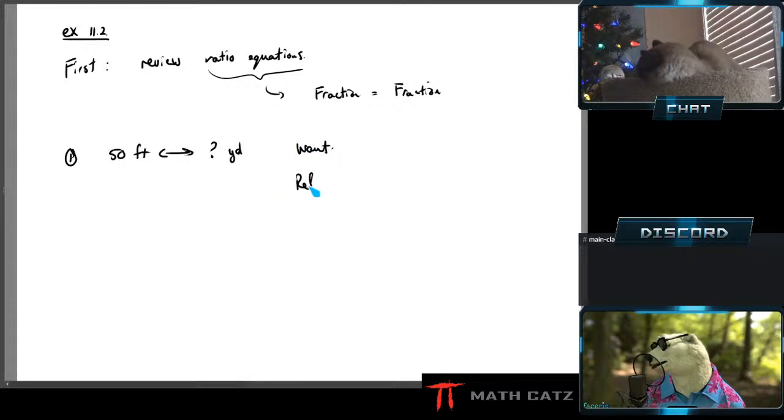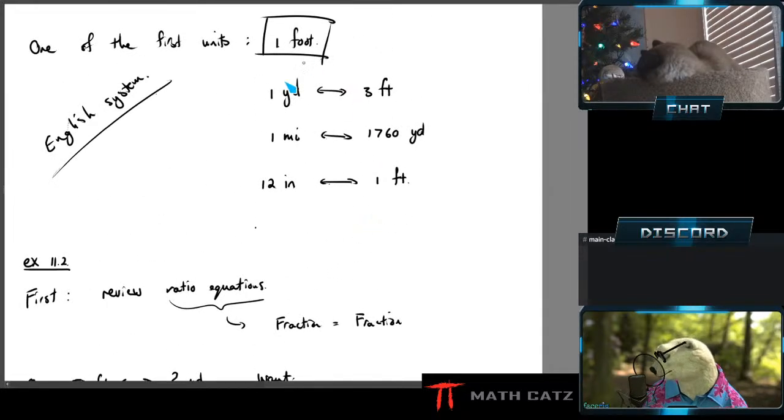And then I need some sort of reference pair, where I know that 3 feet corresponds to 1 yard, according to my table that I would have in front of me. Here, I look up which are the units that I'm interested in. Yards and feet. Okay, so this is my reference pair that I would remember, that I can look up.